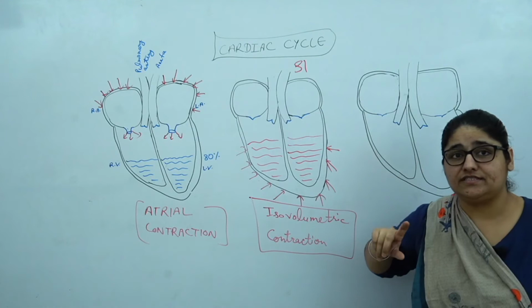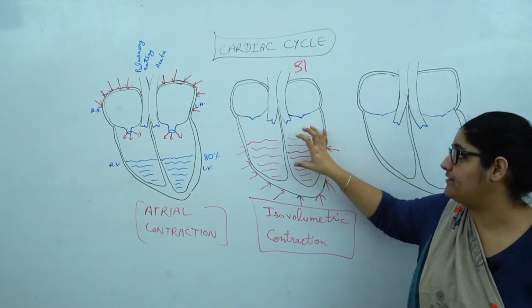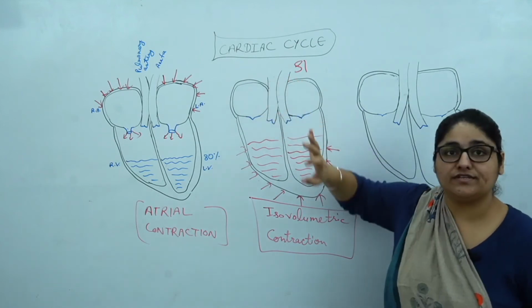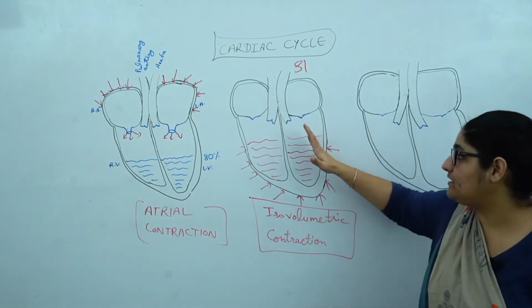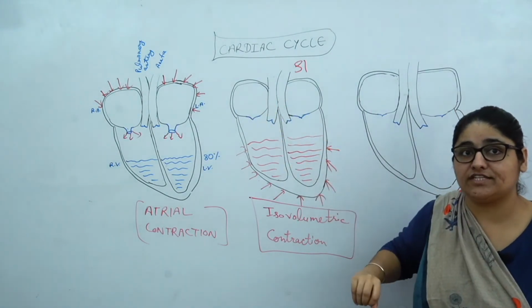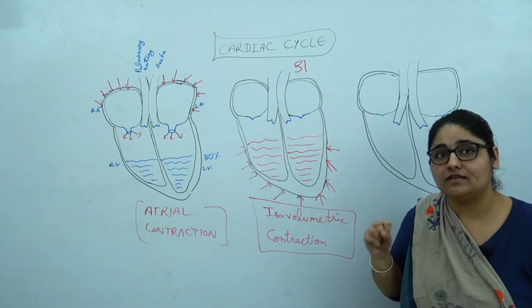Here comes a stage when pressure in the ventricle will be higher than the pressure in the aorta and pulmonary artery. When this happens, blood will be pushed into the aorta and pulmonary artery, and because of that the semilunar valves will open.